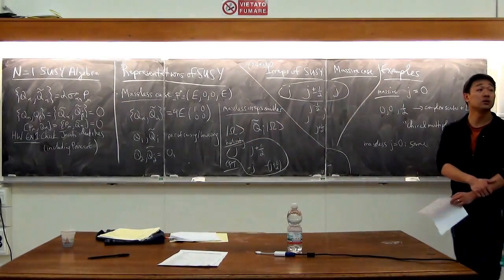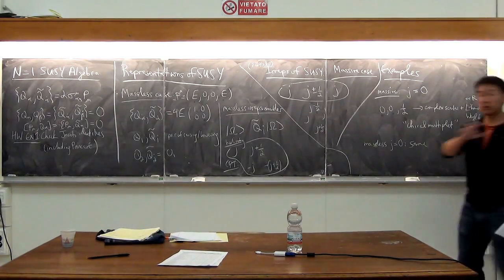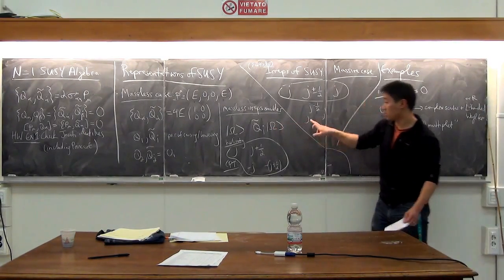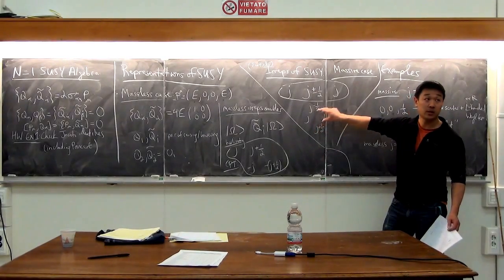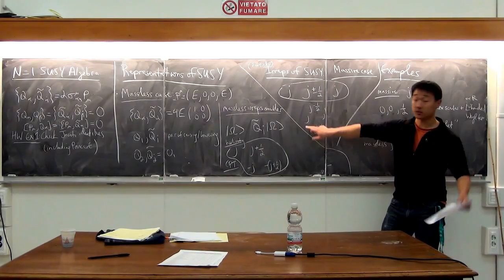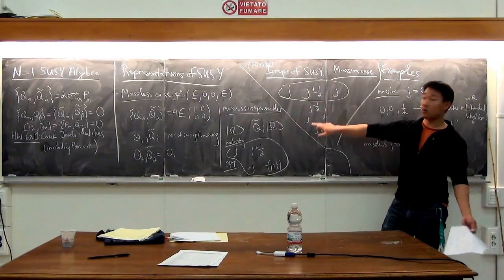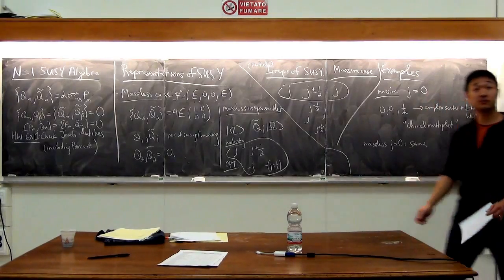Well, the vacuum should be J minus 1.5. Why? No, you're thinking, so the way I got this was I started with something of spin J, I acted with the supercharges this way and this way, and then I got back here. This was the vacuum. Yeah. So in this case, for J equals 0, going this way would have gotten me 0. Good. Thanks.